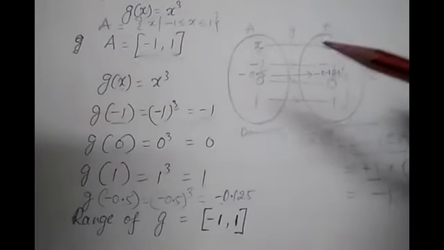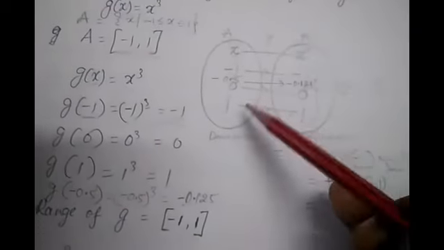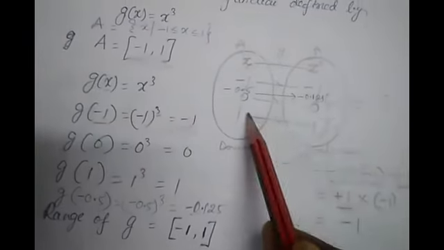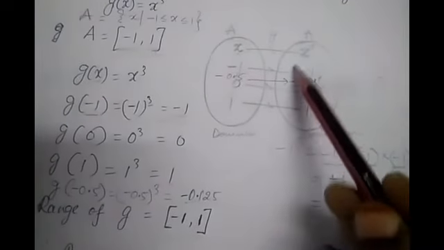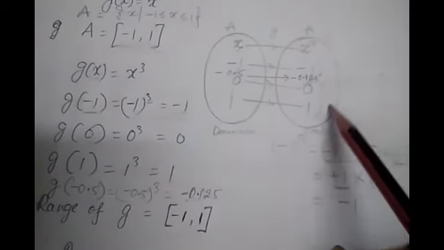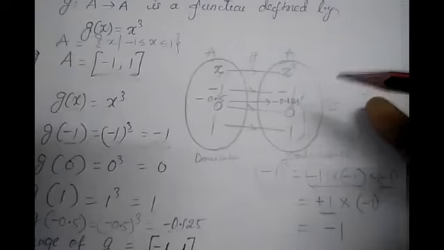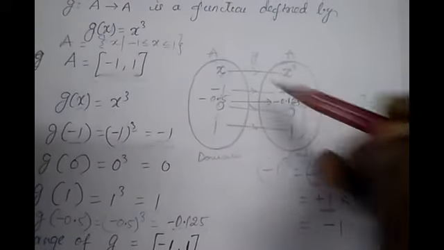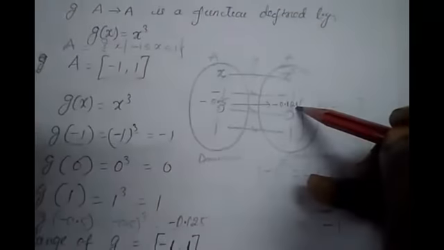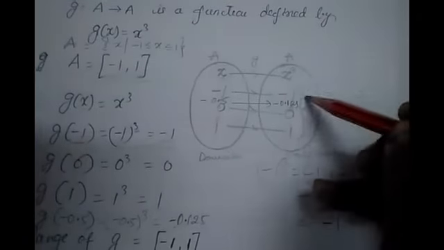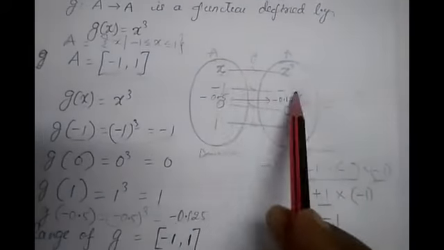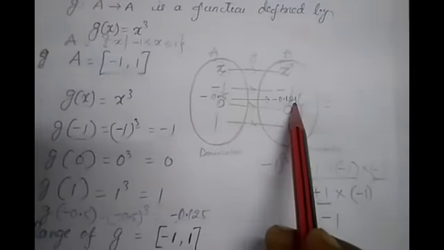Understood pictorially. Here, all the elements in the domain have images in the codomain, and no element is left in the codomain. Understand carefully: all the negative values taken in the domain are mapped to negative values only.